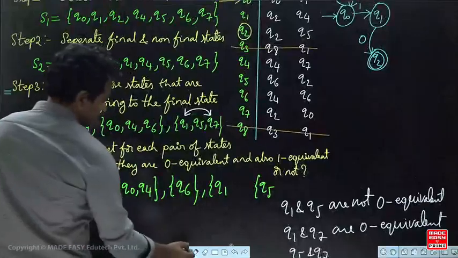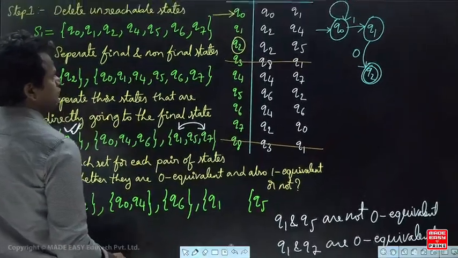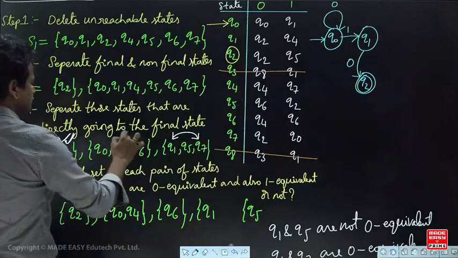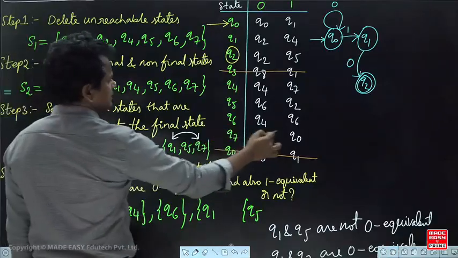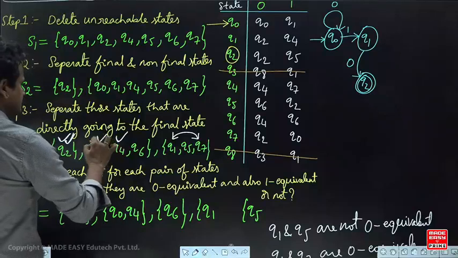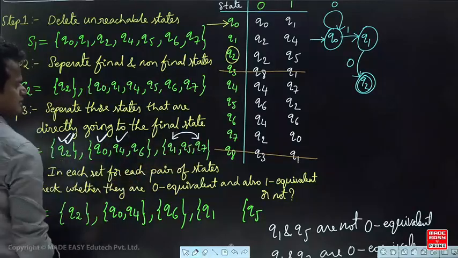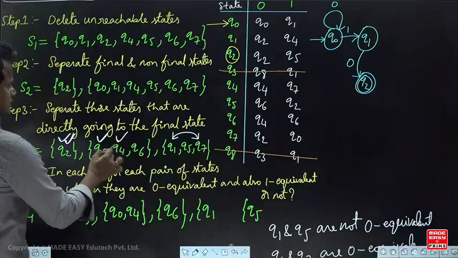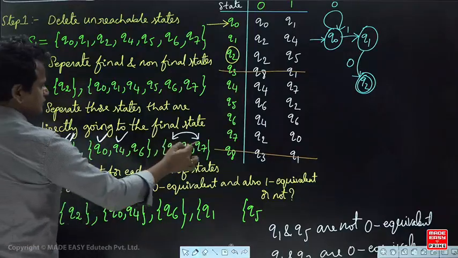Okay, I am checking for input 1. Q1 on 1, Q4 is here. Q7 on 1, Q0 is here. So for input 1, Q1 goes to Q4 and Q7 goes to Q0.